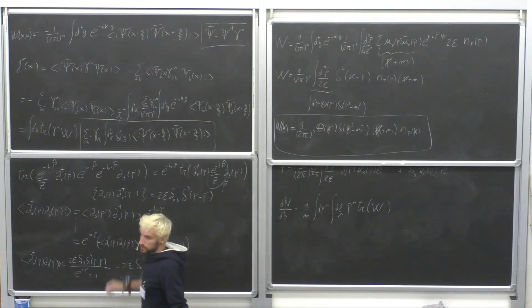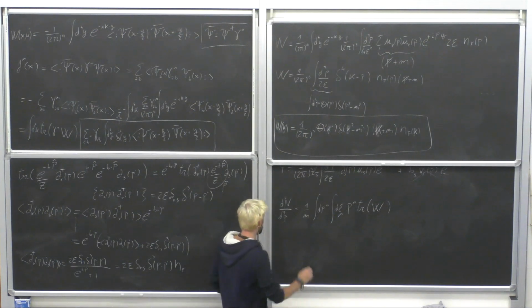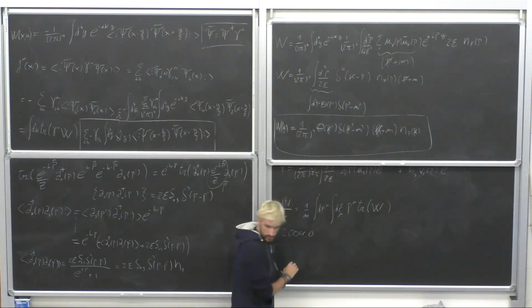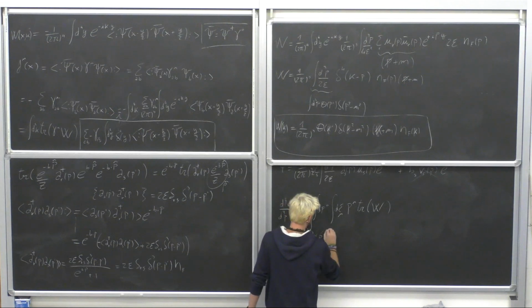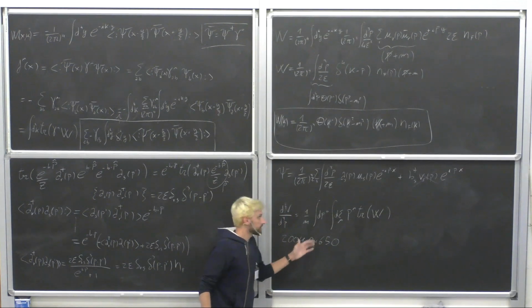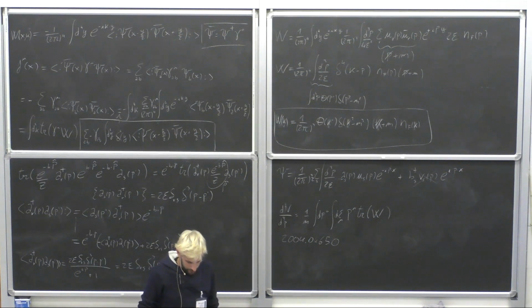And with some manipulation, you end up with this formula. So if you want the reference, this is in this paper, 2004.04650. But this requires some manipulation, so I don't have time to show you. And that's it.